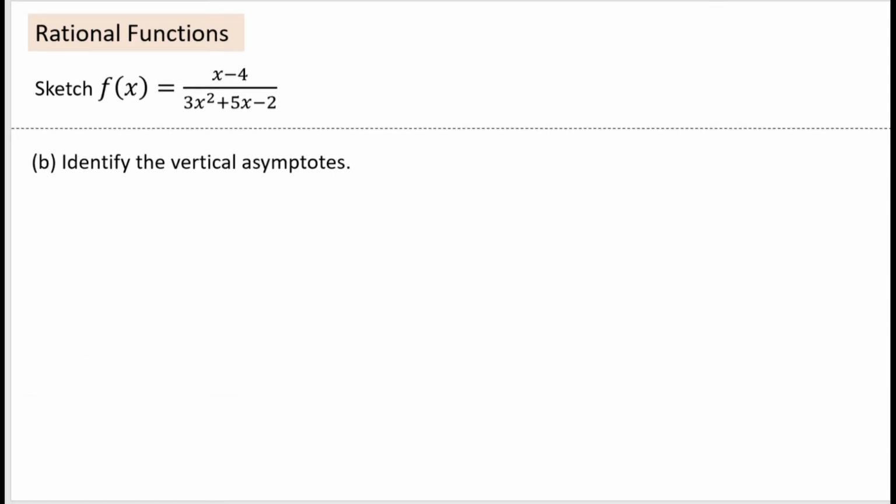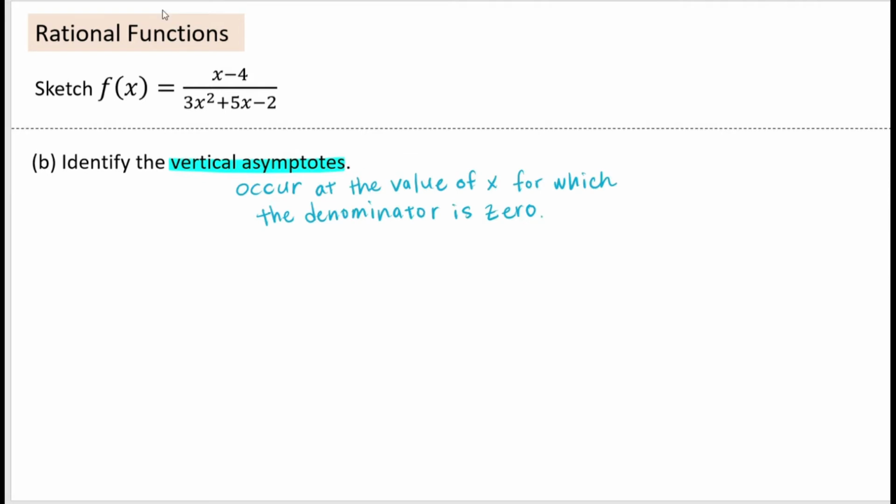Let's identify the vertical asymptotes. To find the vertical asymptote, we need to set the denominator equal to 0. We have 3x squared plus 5x minus 2 is equal to 0. By factoring, we get (3x minus 1) times (x plus 2) is equal to 0.